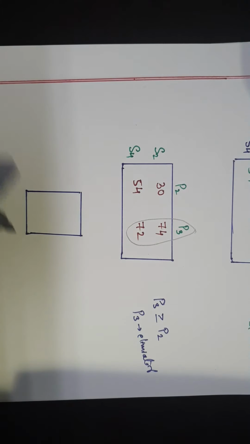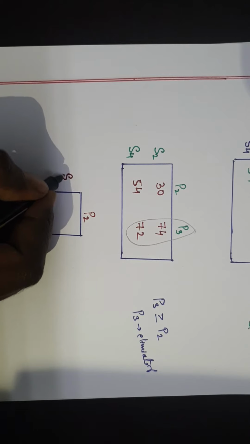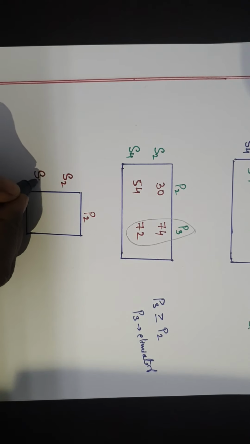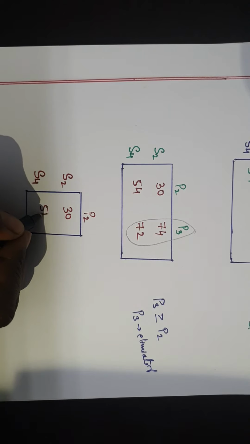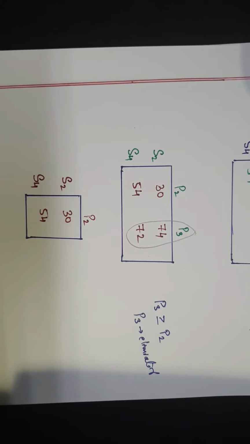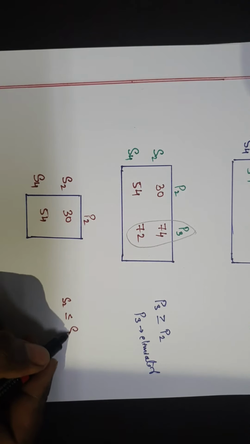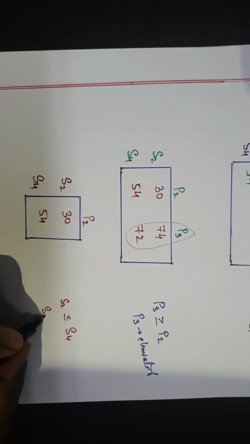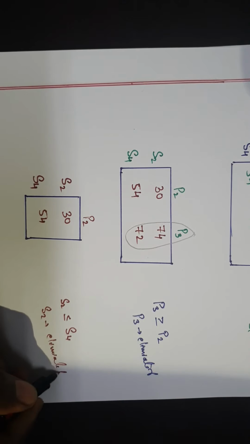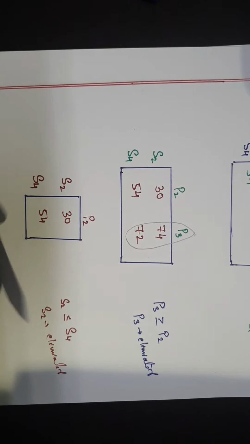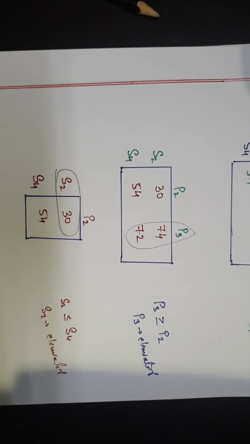Whatever the remaining is there, that one you have to write. What is the remaining here? P2, and here S2 and S4 are there. This one is 30 and this one is 40. As you can see, S2 is less than or equal to S4, so you can eliminate the S2. What is the remaining term here?